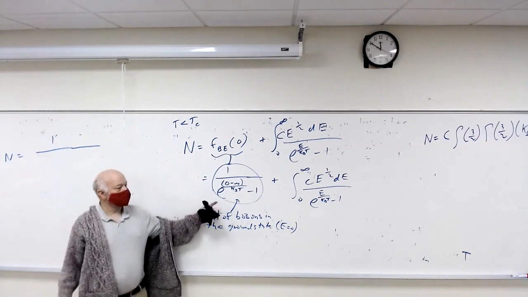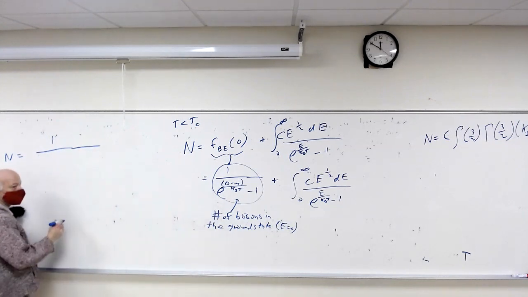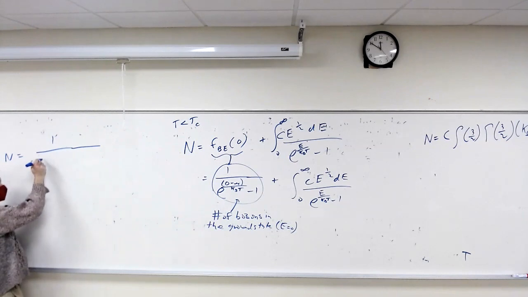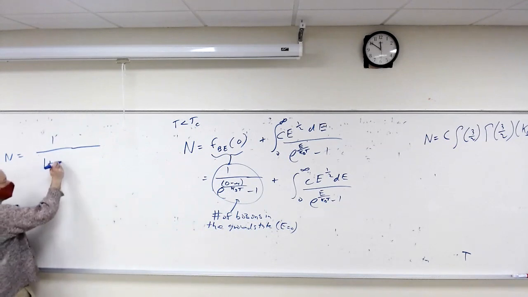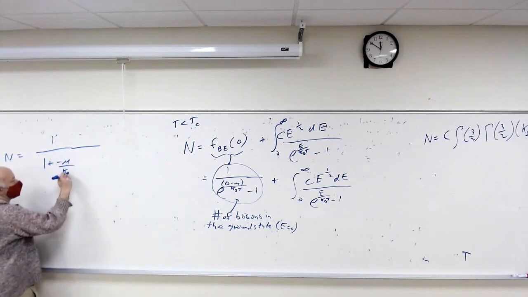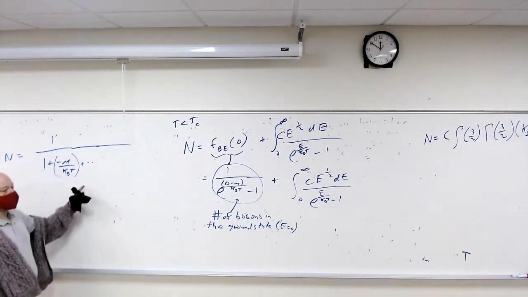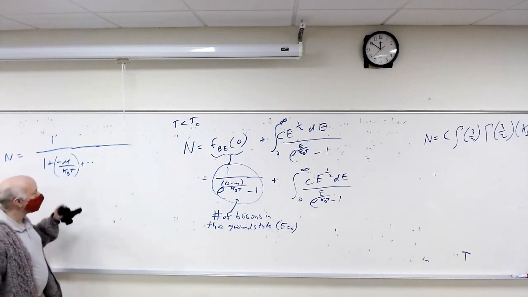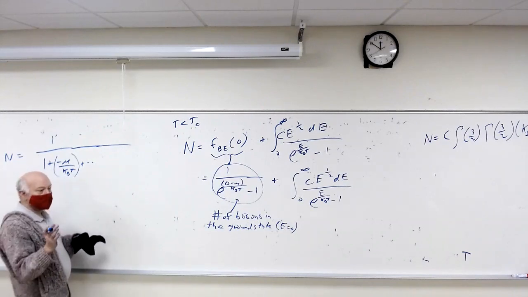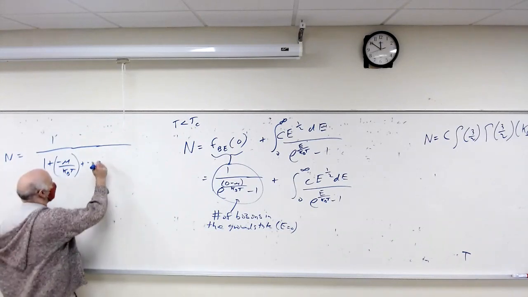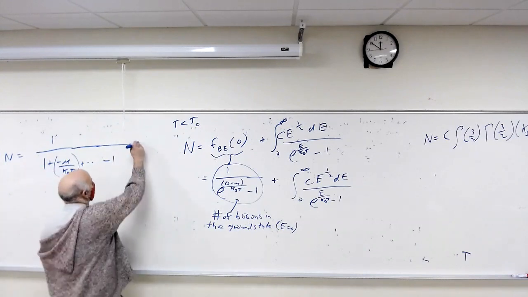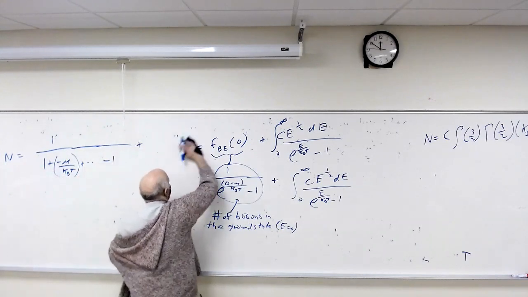The exponential goes to 1 plus the term, negative, which is this guy here. We're not going to have to worry about the other terms because they're going to be a lot smaller compared to this term, because again, mu is on the negative side of 0. Then minus 1. Okay, plus the integral term.